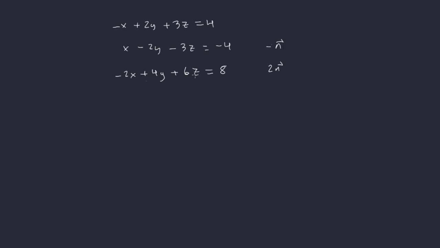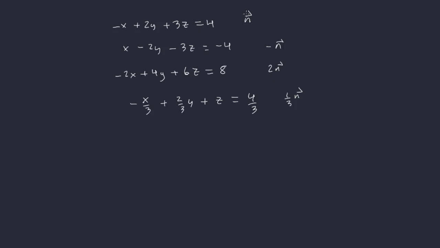So be on the lookout for this, because this can come up. You might even find that your plane looks like this: negative x over 3 plus 2/3 y plus z is equal to 4/3. This might be the answer that the back of the book lists. It's still the same. This is just using 1/3 n instead of the n we were given.